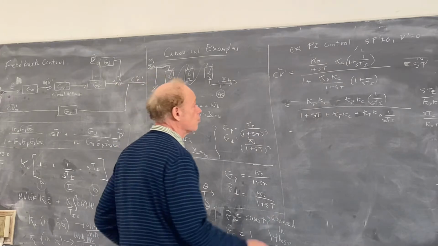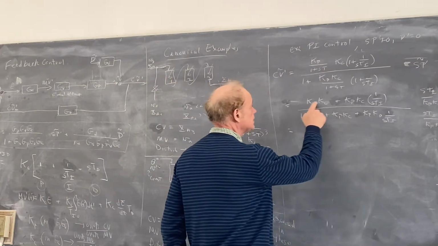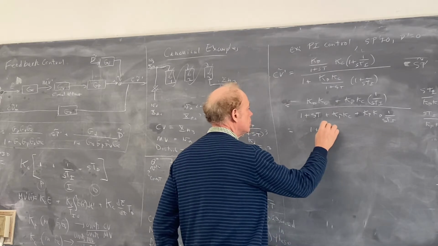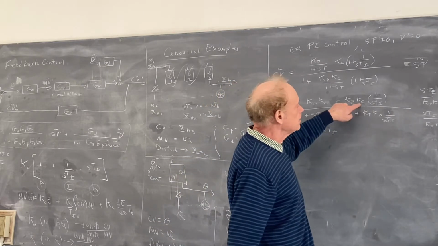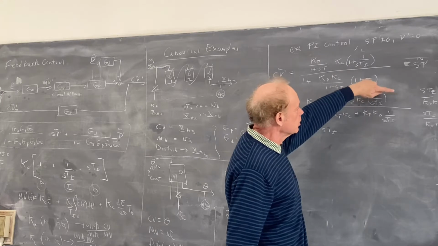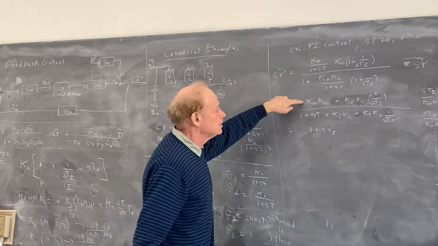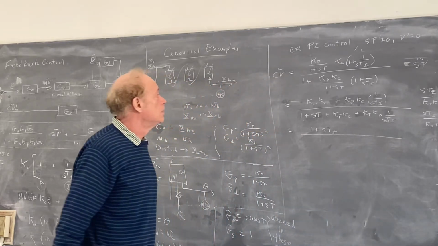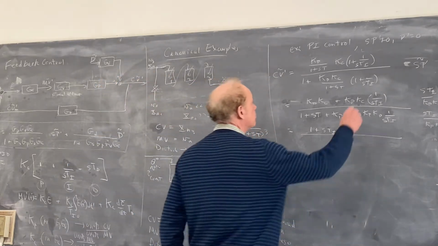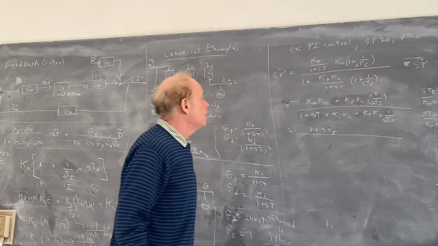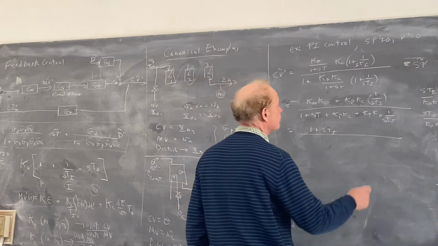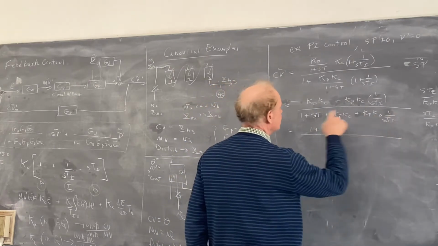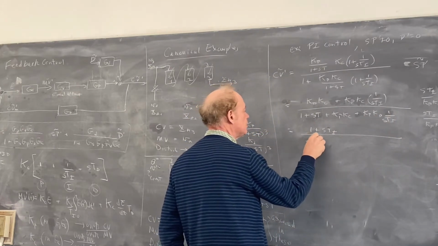So in the numerator, I'm going to have S Ti times 1 plus S T. Because when I divide by KP, KC, this drops out, and I multiply S Ti, this becomes a 1. And this just becomes S Ti, divided by, okay, and so now when I multiply by S Ti, this term becomes S squared times T Ti.